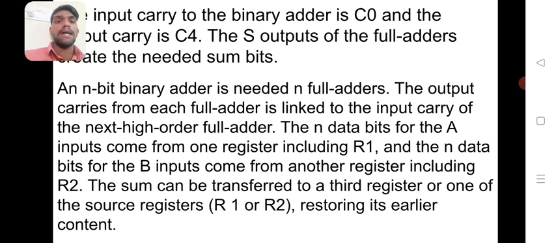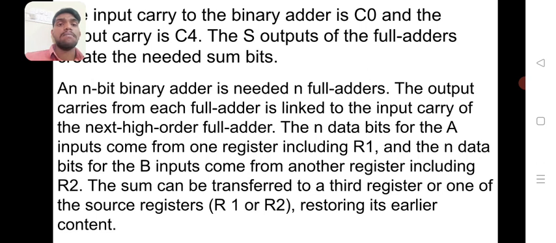An n-bit binary adder needs n full adders. The output carry from each full adder is linked to the input carry of the next higher order full adder. The n data bits for the A inputs come from one register, such as R1, and the n data bits for the B inputs come from another register, such as R2.